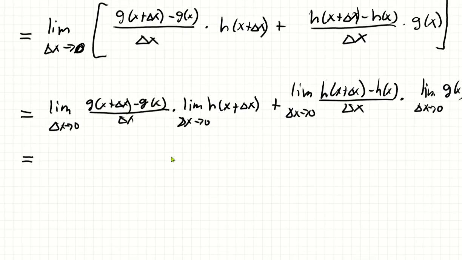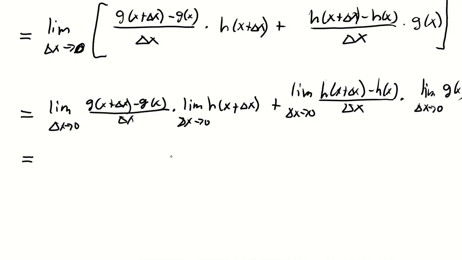So at the first part here, the limit of g of x plus delta x minus g of x over delta x is just the derivative. This is the definition of the derivative. So this will be equal to g prime of x, or we can use the notation, I can just write the derivative instead of prime: the derivative of g of x with respect to x.